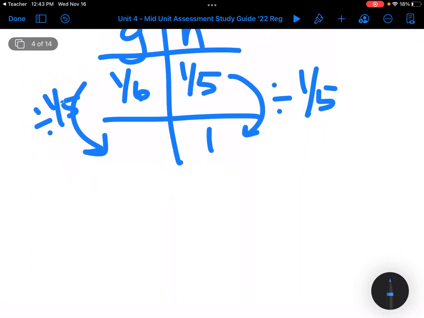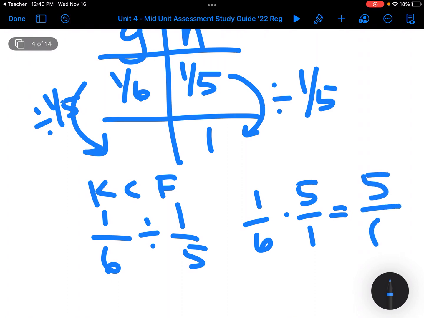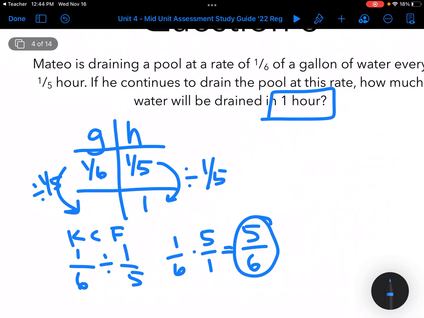So I have 1/6 divided by 1/5. So I have to keep, change, flip, and that flip is called the reciprocal. 1/6 times 5 over 1. That word reciprocal must be important, and you must have to know it later in life if I keep saying it. So it's going to drain 5/6 of a gallon in 1 hour.